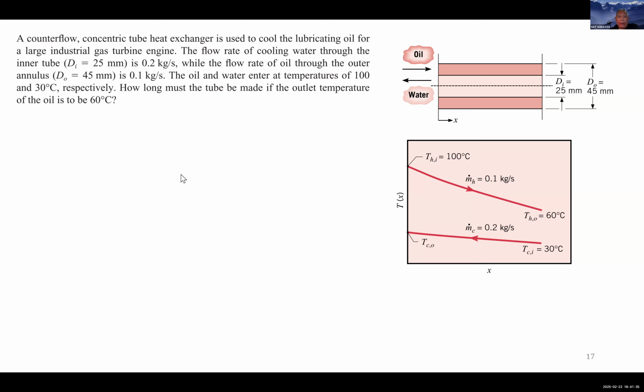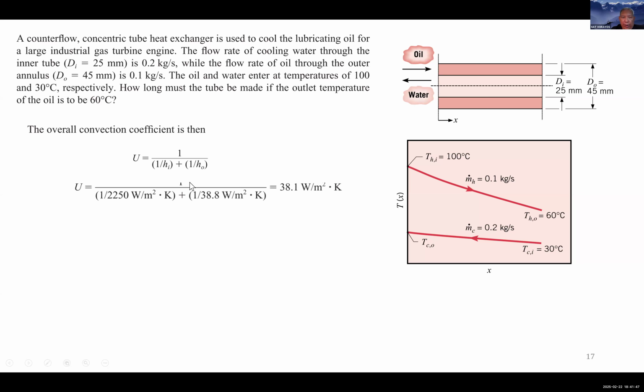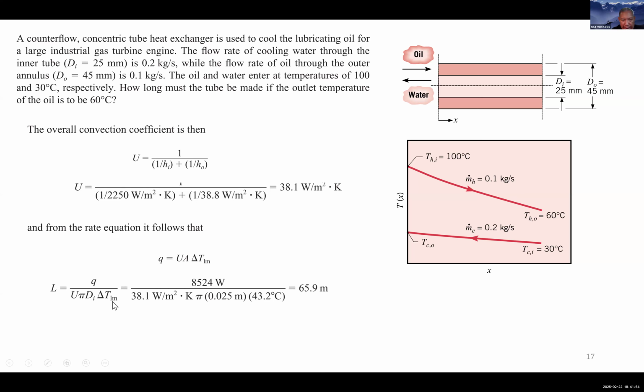So right now you go back to the equation that you started a few minutes ago. 1 over U equal to 1 over hi plus 1 over ho. Substitute the numbers in, and you're going to get your U. Okay, you plug U over here and recognize that A, the heat transfer surface, is equal to pi DI, this circle, multiplied by the length.